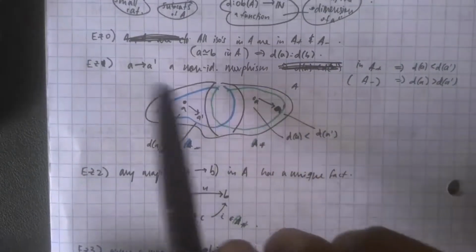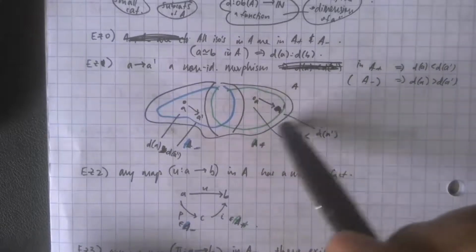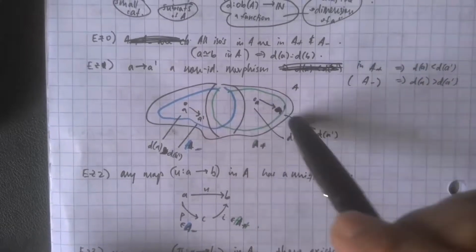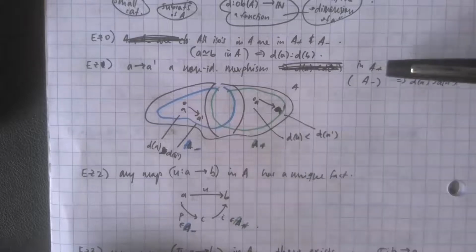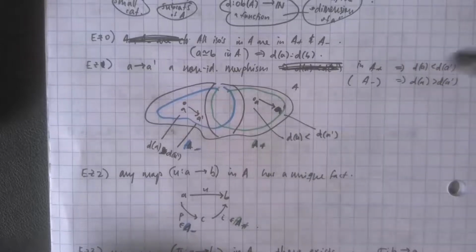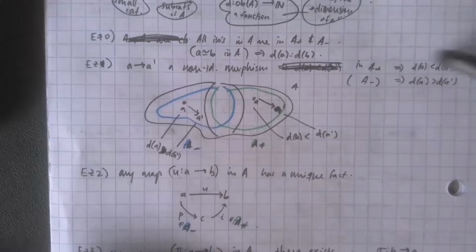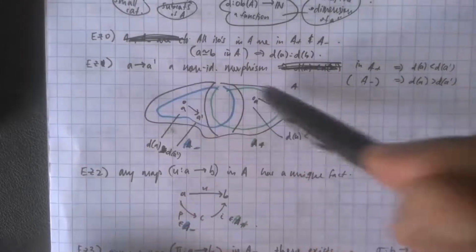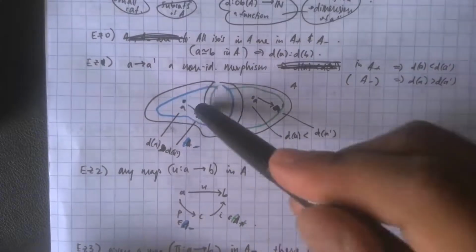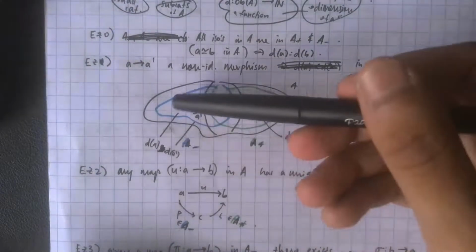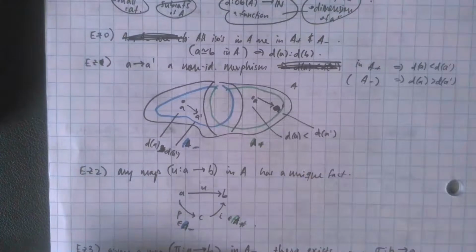Given a non-identity isomorphism in A plus, the green subcategory, the dimension of this one is less than the dimension of that one. Given a non-identity isomorphism in A minus, it's reversed, so the dimension of this one is greater than the dimension of that one.